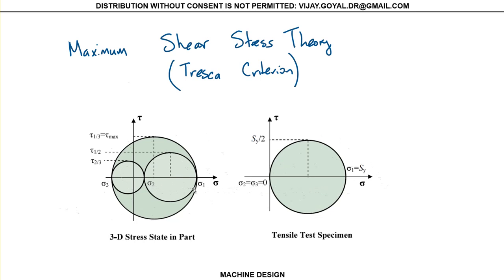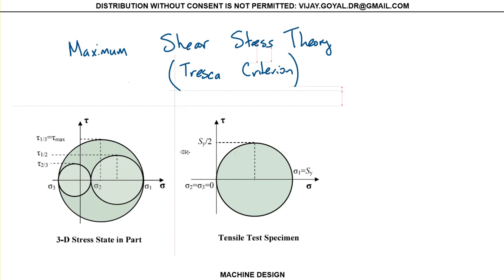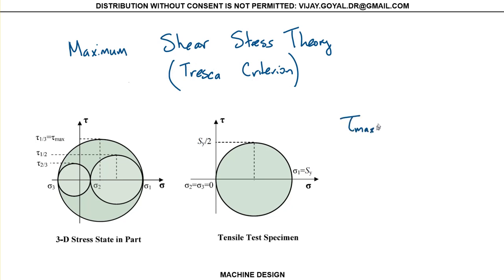So we find the tau max and equate tau max to this. It says that tau max is equal to the absolute value of sigma 1 minus sigma 3, as we learned before, divided by 2. I always put the absolute value to make sure you get a positive value. So this is tau max.